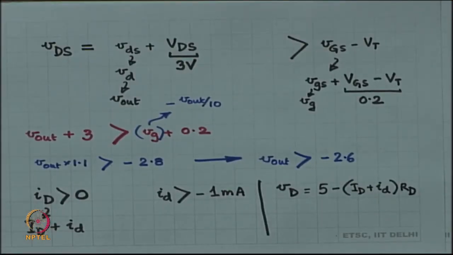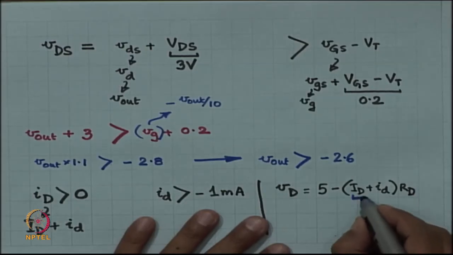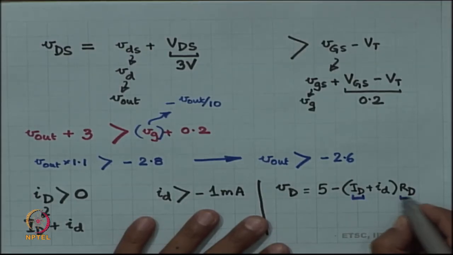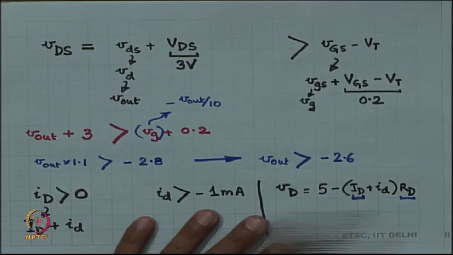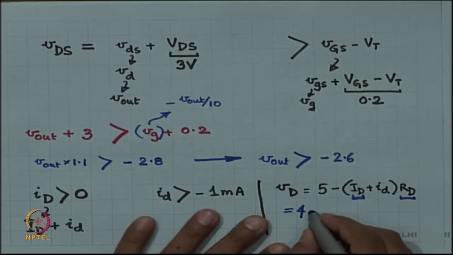Okay. And now, this is 1 milliampere, this is 1 K. So, 1 milliampere and 1 K is 1 volt, 5 minus 1 volt is 4 volt minus small I d times R d.